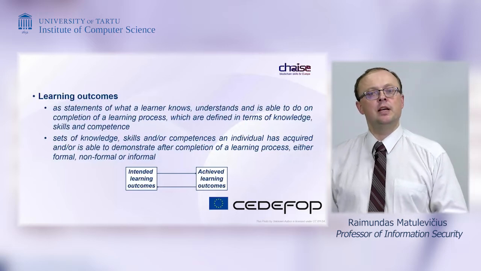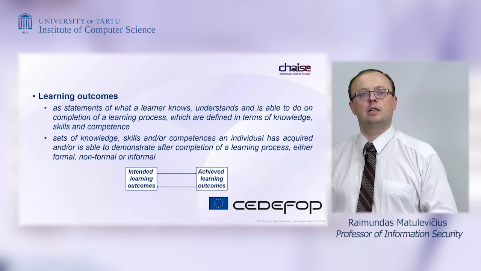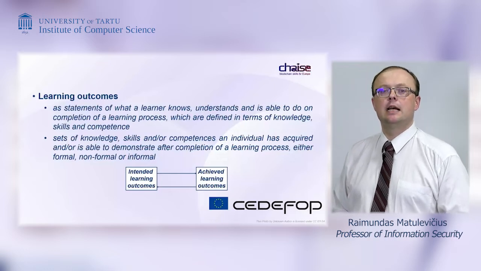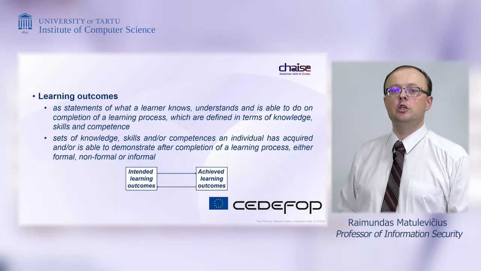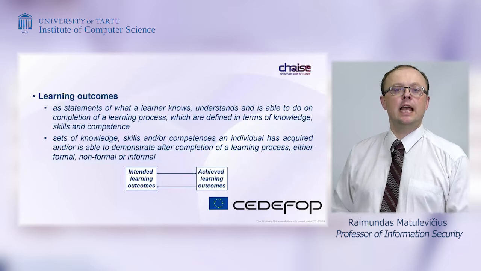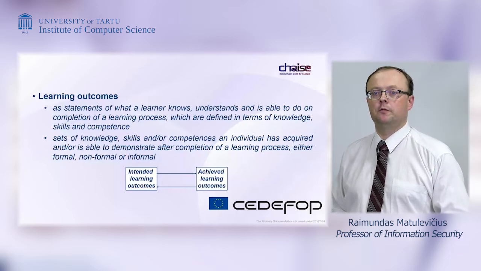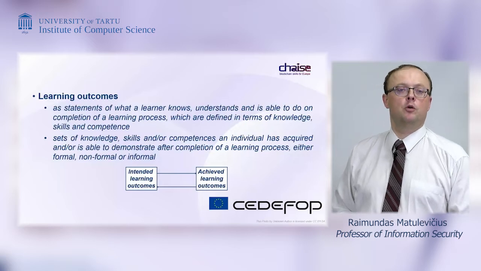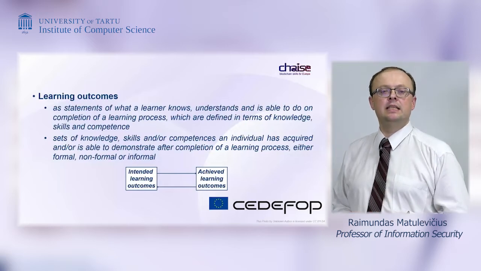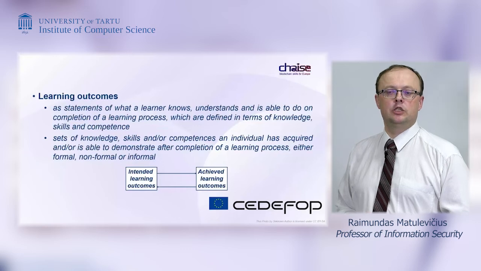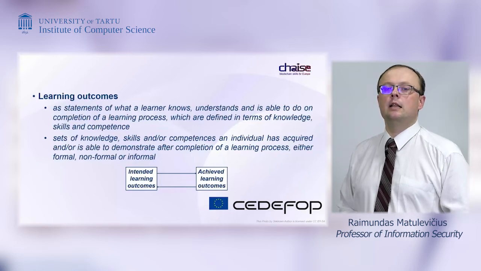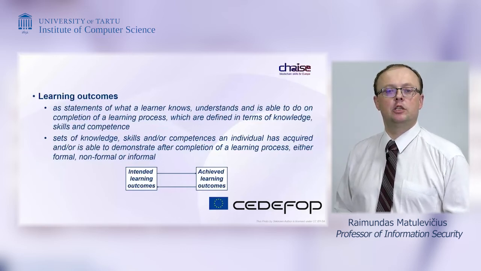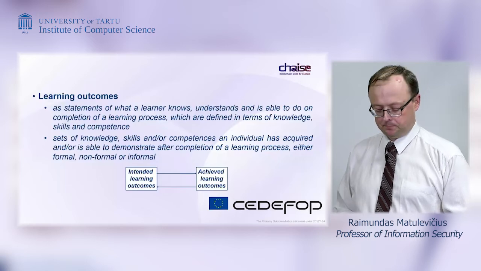And the second perspective is achieved learning outcomes, a set of knowledge, skills, and competences an individual has acquired and is able to demonstrate after completion of a learning process, either in a formal, non-formal, or informal way. It means that these principles can define what the learner needs to know, and also they allow us to measure the achievement of the learning process.